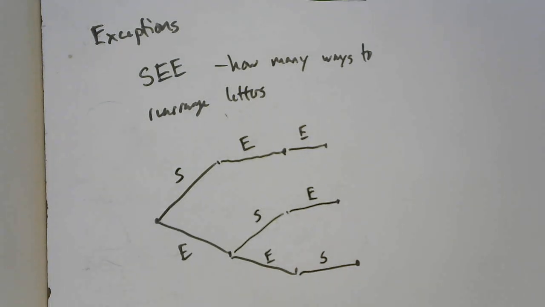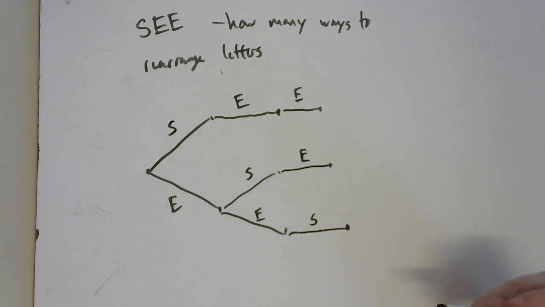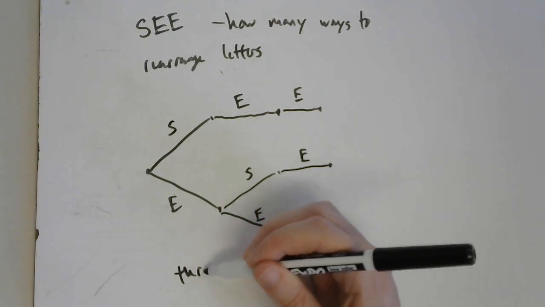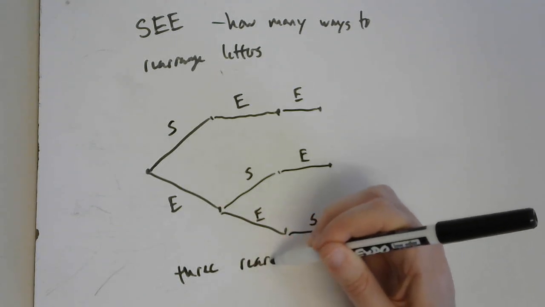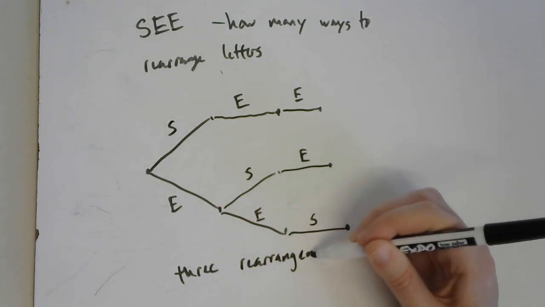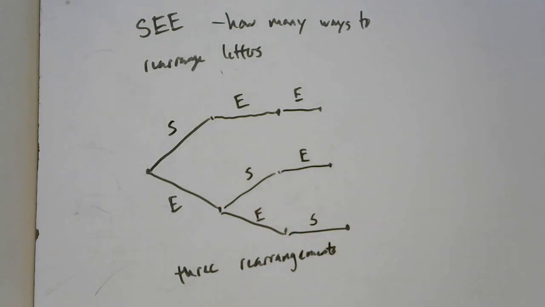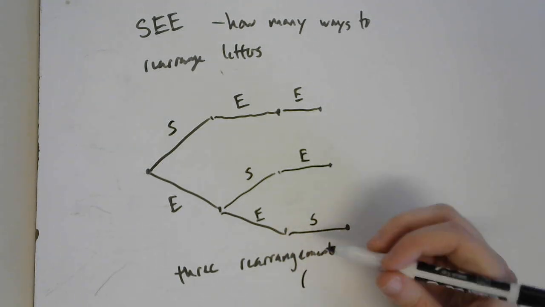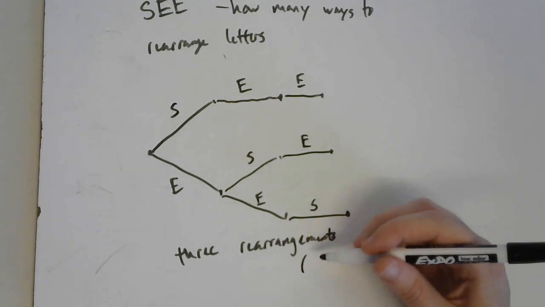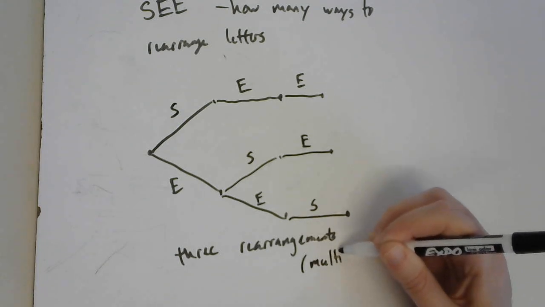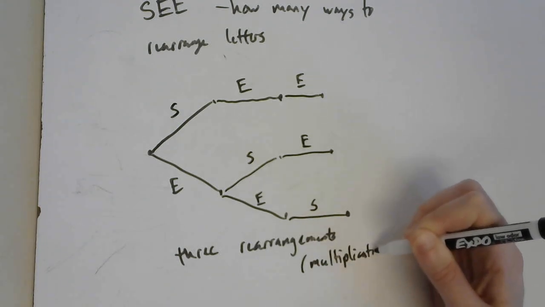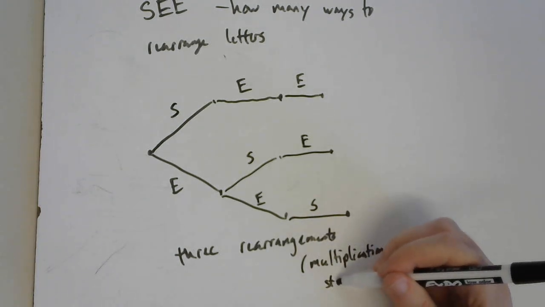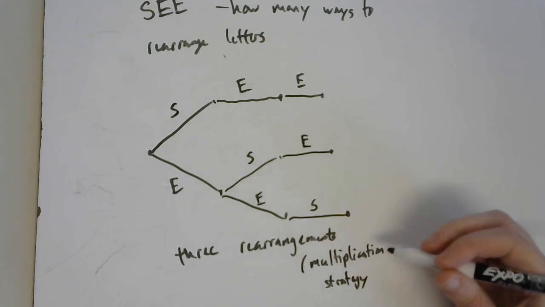So if I look at my table, I've got 3 paths, three rearrangements that actually look distinct. So my multiplication strategy didn't work.